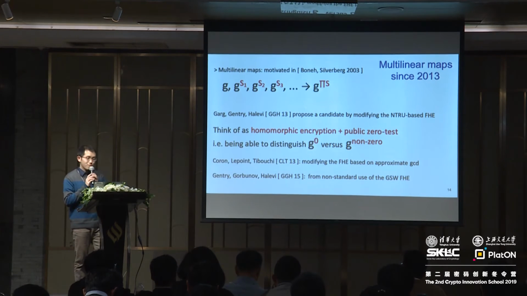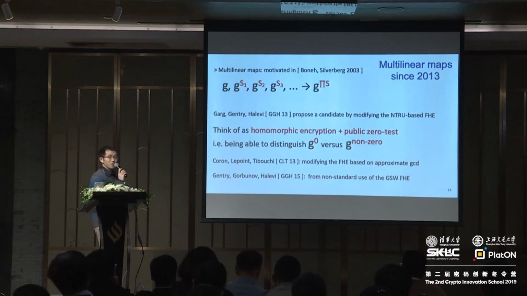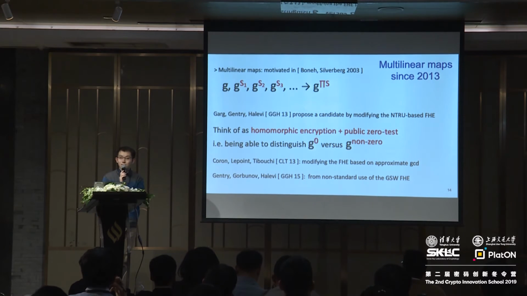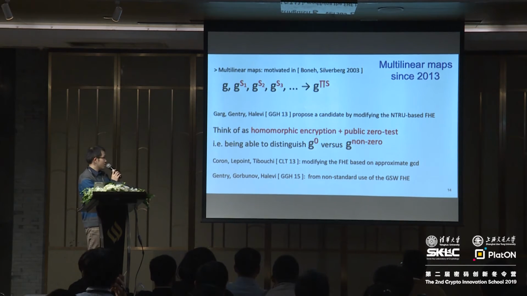So I think it's fair to say that following the initial approach of GGH13, there are two other proposals for lattice-based multilinear maps: one by Coron et al., CLT13, and the other one, which is GGH15, which will be the focus of the talk today. Both of these two multilinear maps start from modifying some previously existing homomorphic encryption scheme.